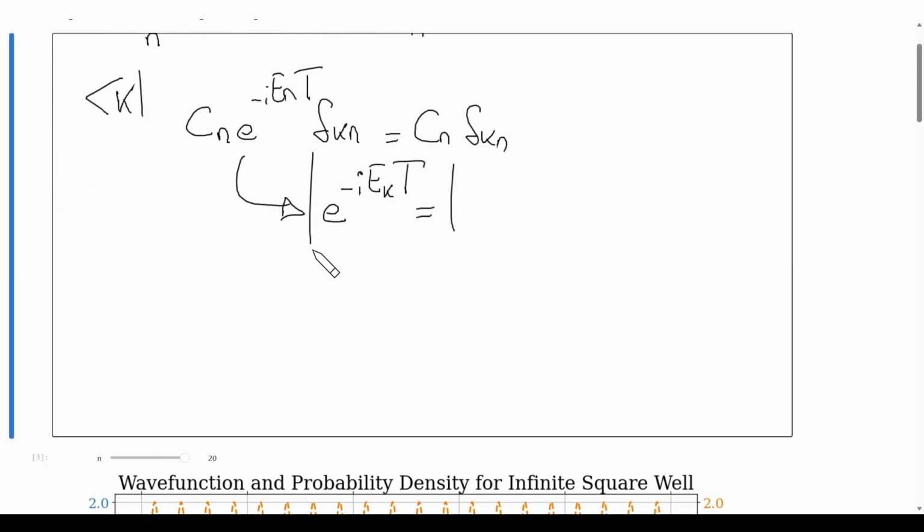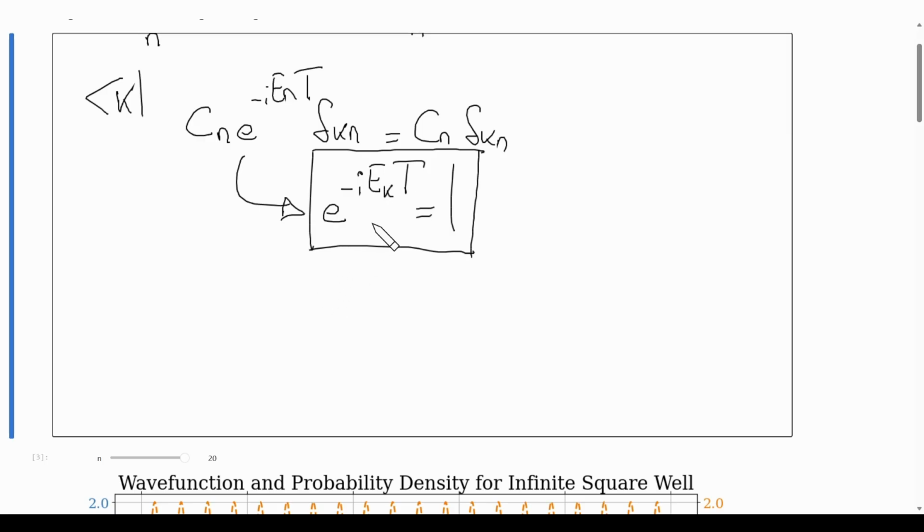So there is a time for which any initial state will come back to being the same form. And this time is given by this equation that we solve.